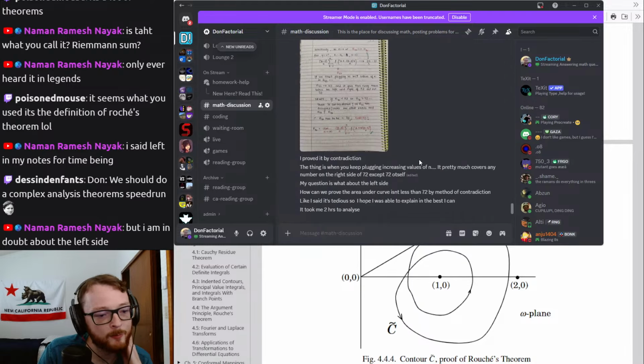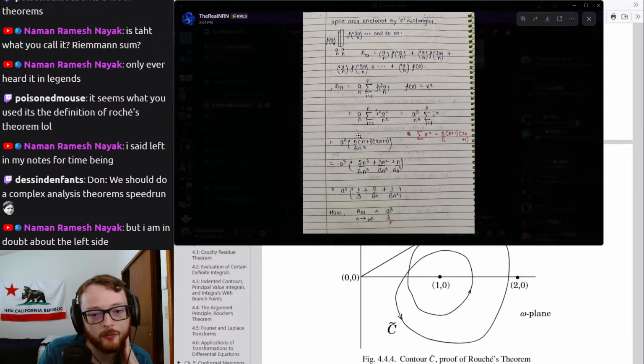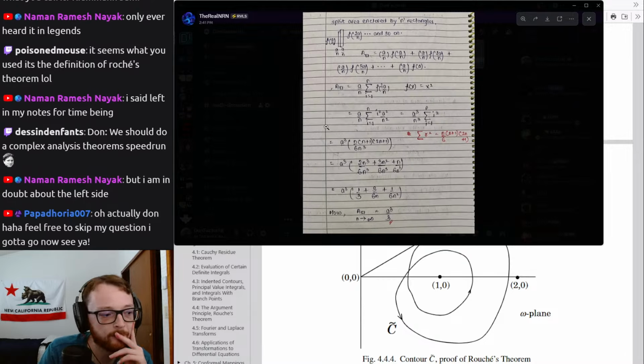If you want to bound it from below, you would do a left hand, like... It's like, so there's left and right Riemann sums. And it depends how the function looks, but you would just do the other Riemann sum. Oh, alright, Papadoria.